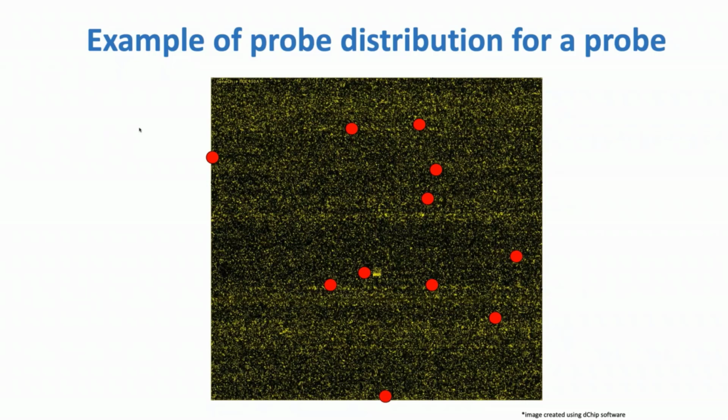You can see some banding. Sometimes you will get lines that are affected. By randomly placing all these probes into different areas, you can control for those effects. So in the end, if you want the intensity of a gene, you would have to average out the intensity of the probe set.